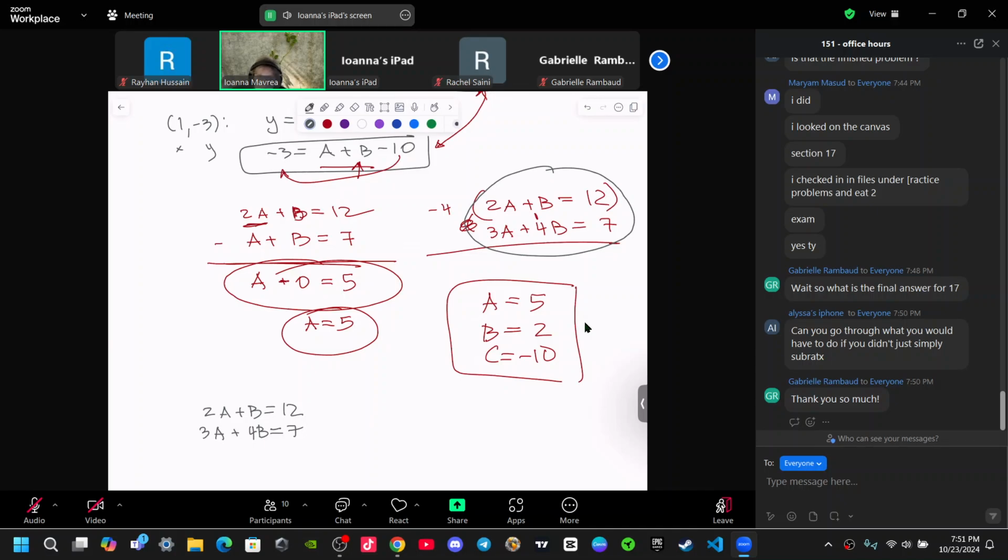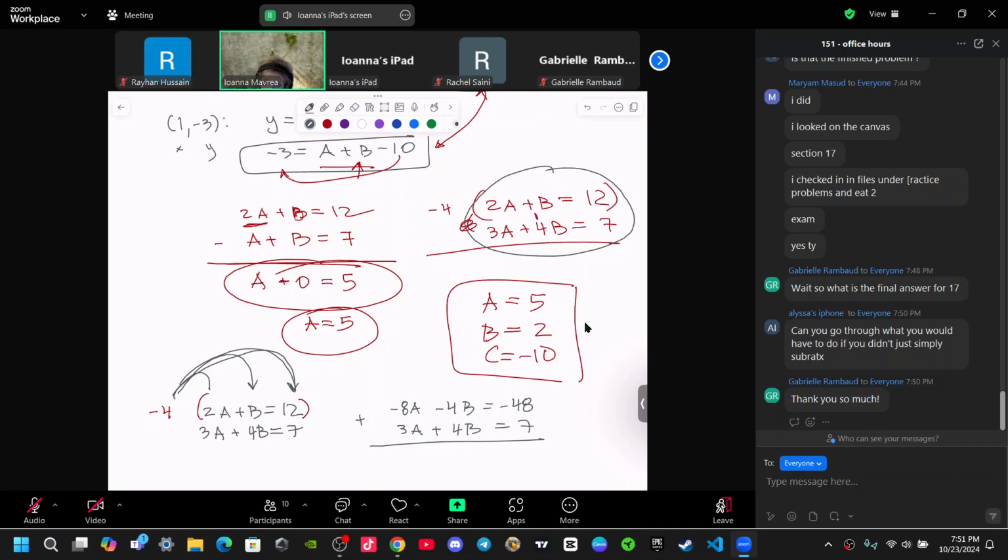One of the b's has a coefficient of 4, and I'd like the other one to have a coefficient of -4. So I'm going to multiply the whole thing here by -4. The bottom stays as is, because I want the b coefficients to be opposite. So I'm going to keep the bottom as is: 3a plus 4b is equal to 7. And multiply this by -4, everything. So -8a minus 4b is equal to, and again, go slowly here, minus 48.